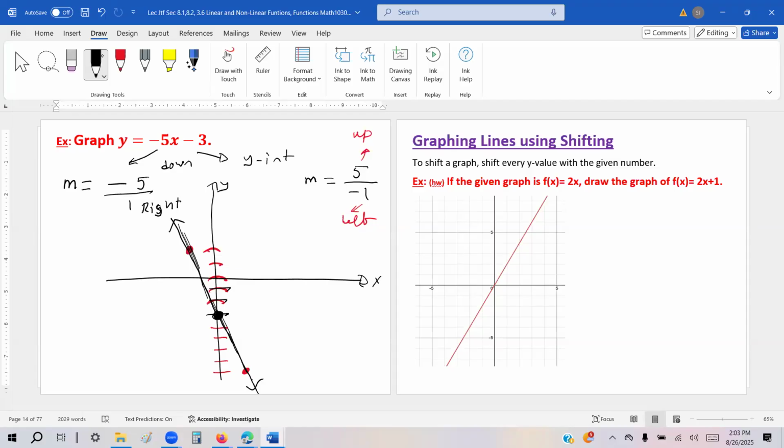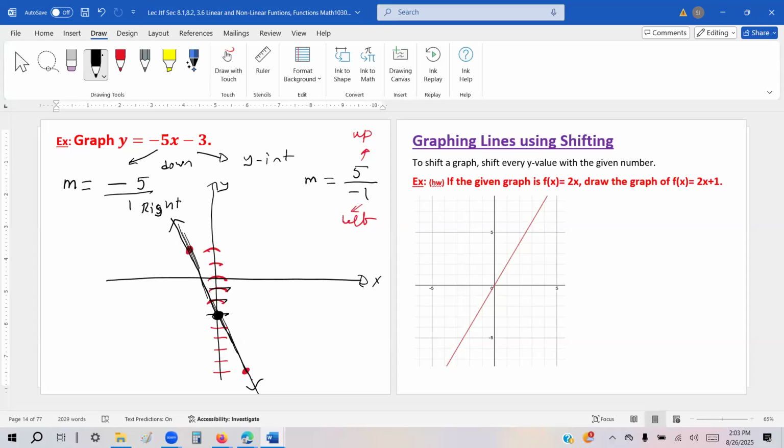Now, based on this line, you can draw this line without even plotting any points. No, without even doing any math, I should say. How? All you have to do is take your 2x and go 1 unit up. Plus 1 in the y direction, right? So y-intercept. So you're moving the y-intercept 1 unit up.